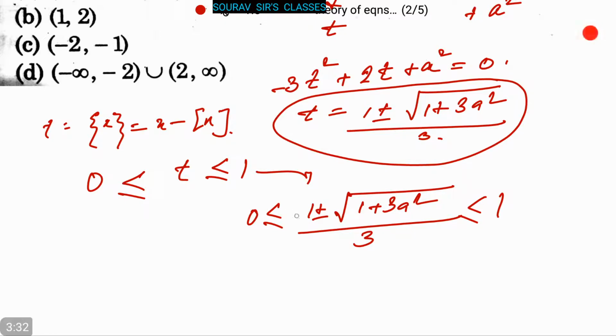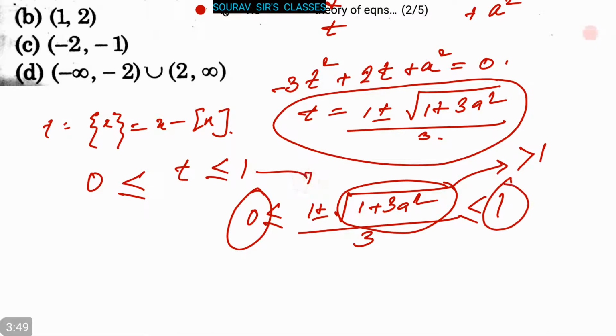Why do we take the positive sign? Because this part is greater than 1. If you take the negative sign, this whole thing will be negative, and we have the restriction that it is greater than or equal to 0, so it cannot be negative.